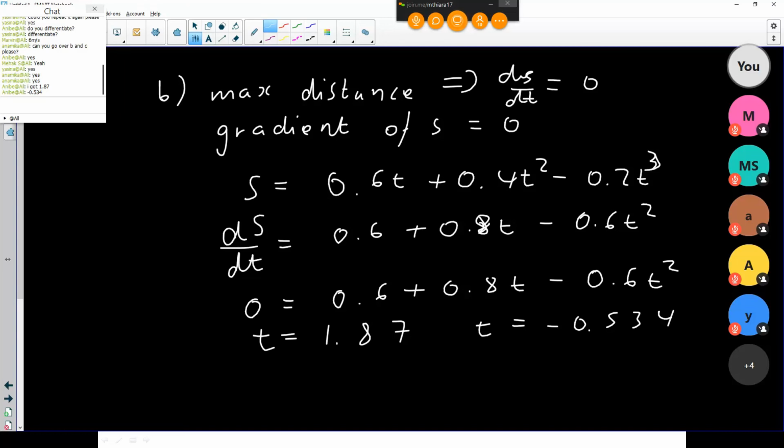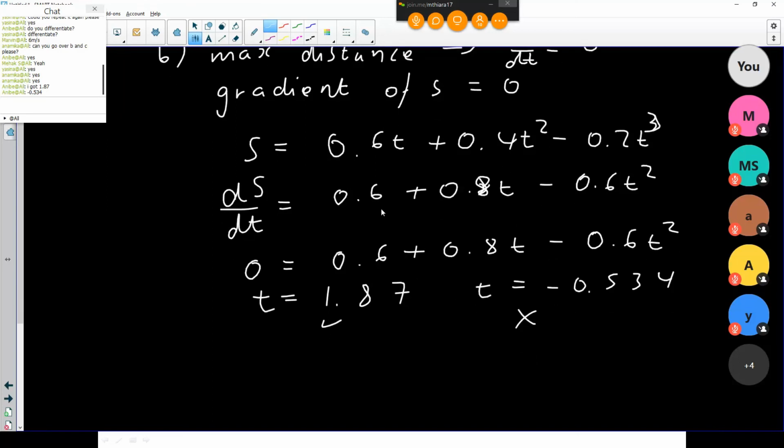So over here we can see that time can't be negative, so this is not a solution. So t equals 1.87 is the instant where your gradient is 0, but we've not found the maximum distance yet. We've just found the time when s is at a maximum. So therefore I now need to substitute this back into s.